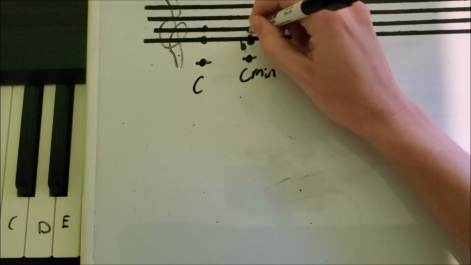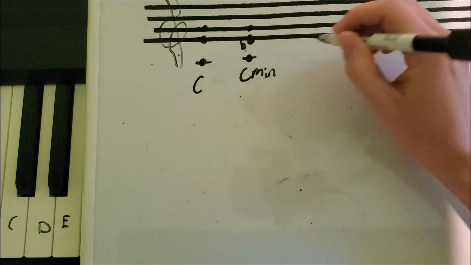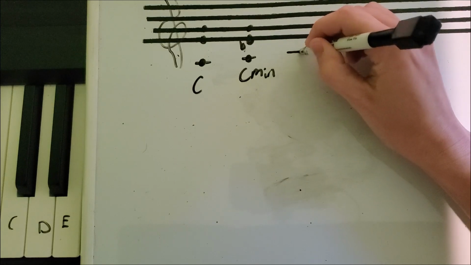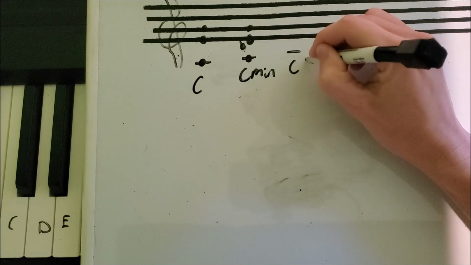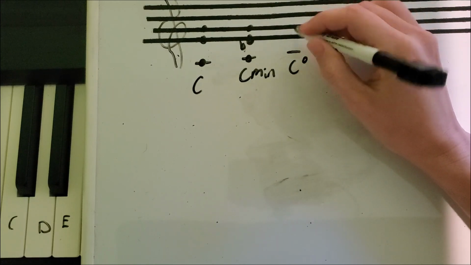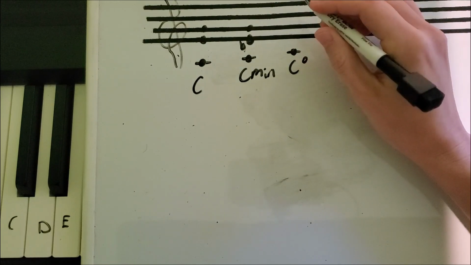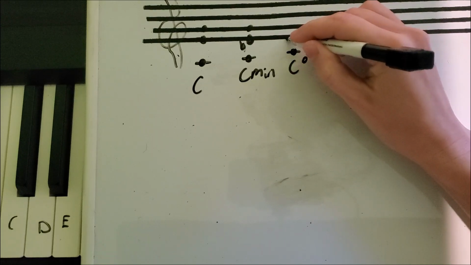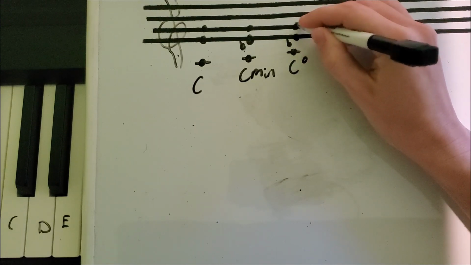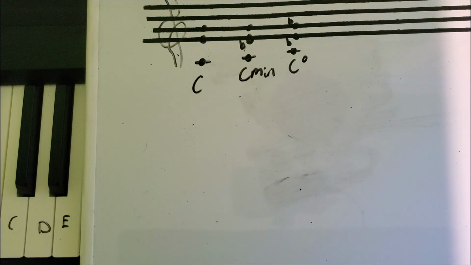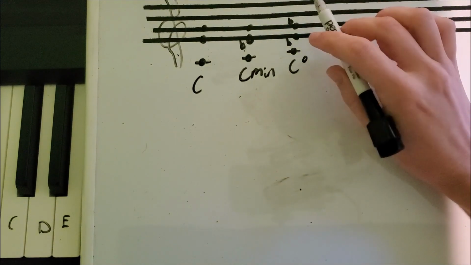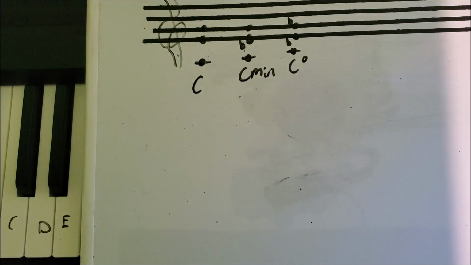And then G remains the same. So E flat. Our next one that we did was a diminished chord. And that one's going to be C, E flat, and G flat. And again, I'm not writing the stems on the notes here because we're writing chords.